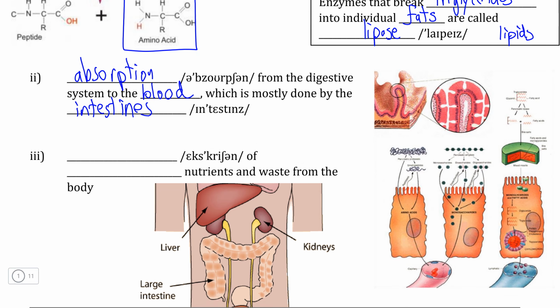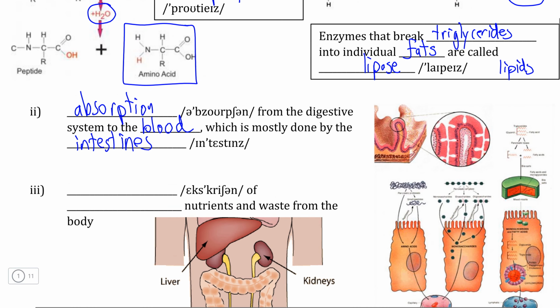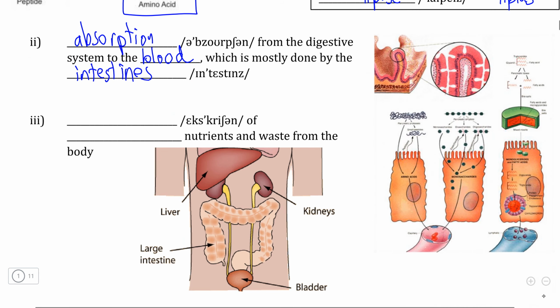Now, common sense dictates that we cannot use 100% of the nutrients in the food that we eat. Indeed, a lot of the components of our food we actually want to get rid of simply because they are not healthy or just aren't usable by certain organs within the body. And so the final purpose of the digestive system is what we call excretion, which is the process of eliminating anything that isn't usable by the digestive system.